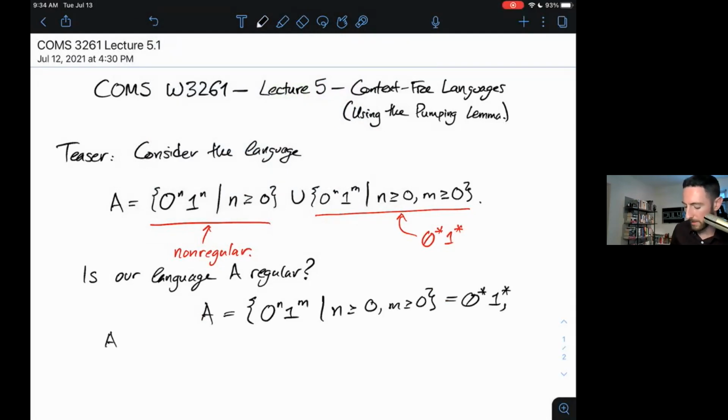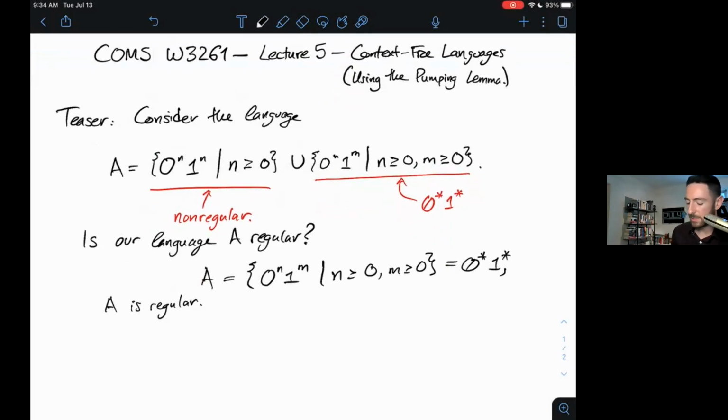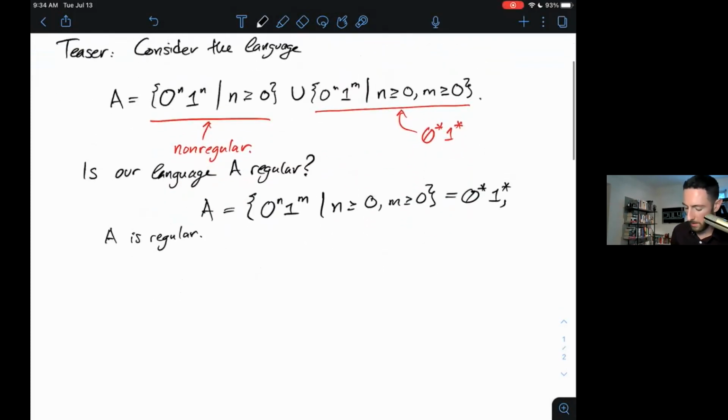So A is indeed regular. That's a little brain warm up for thinking about what we thought about last time. That is non-regular languages. Before I go any further, I'll write down the announcements.